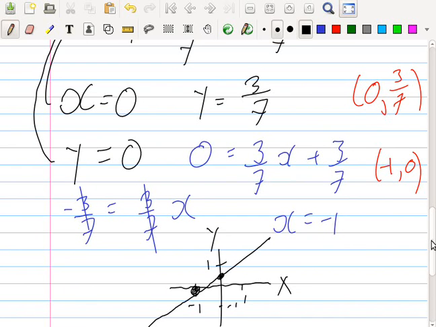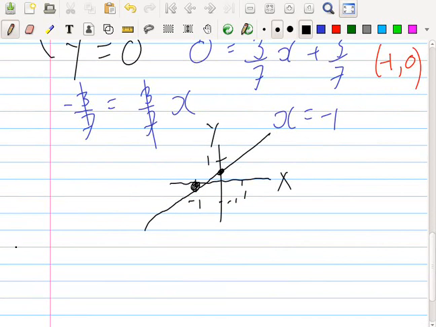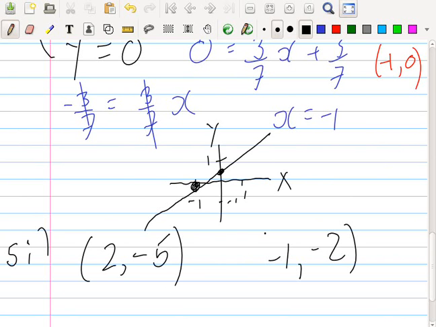Okay, let me scroll down a bit. 5i. So I give you these 2 points, 2, minus 5 and minus 1, minus 2.